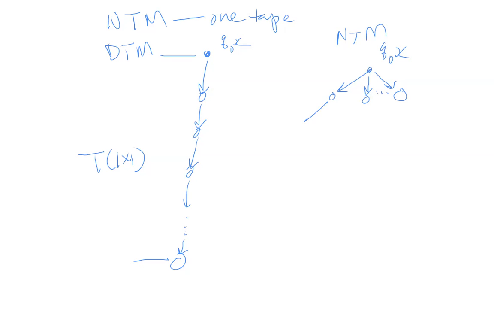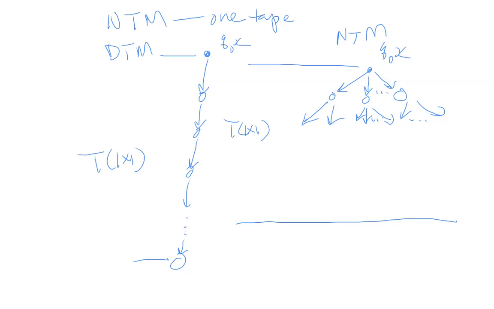Then from that, you also have more than one. So it looks like a tree. If you look at all possible computations, it is a tree, and the height of the tree is T of length of X.